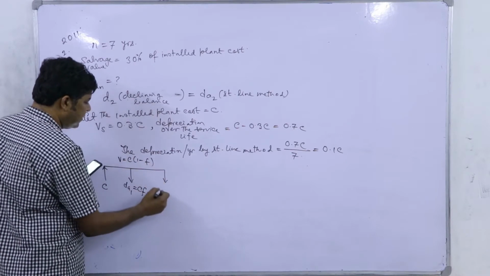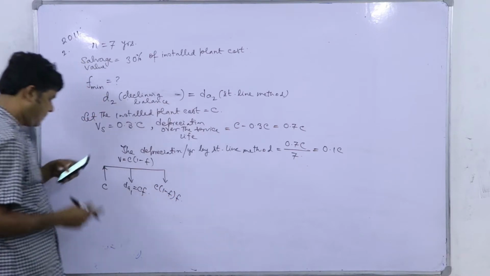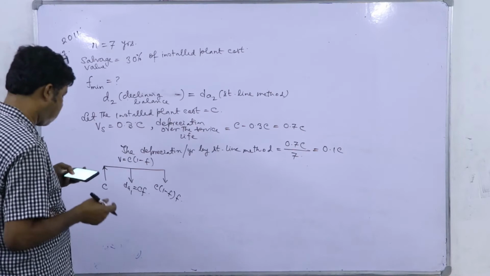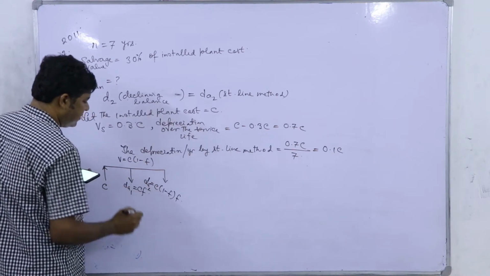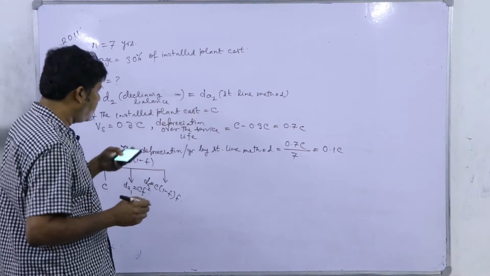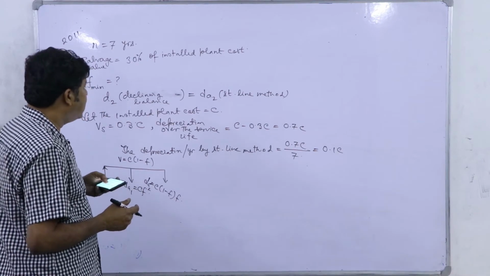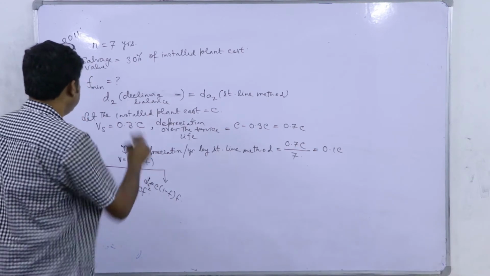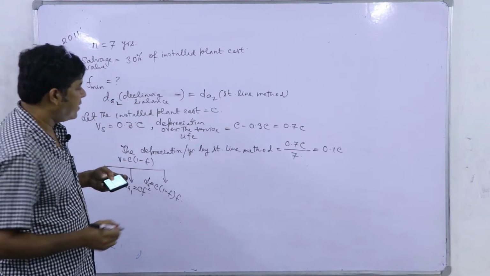Now, depreciation in the second year is C into (1 minus F) into F, that is DA2. This, calculated by declining balance, must be the same as DA2 by straight line method.